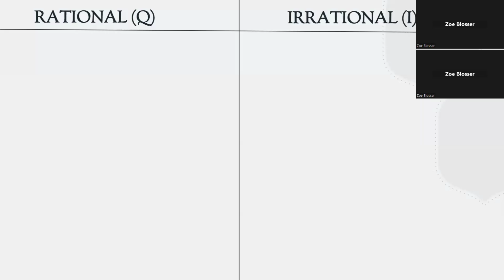So first thing about rational numbers is any number that can be put into a fraction is rational. So the first thing that we're going to write under rational are fractions. Okay, so you should know what a fraction looks like.